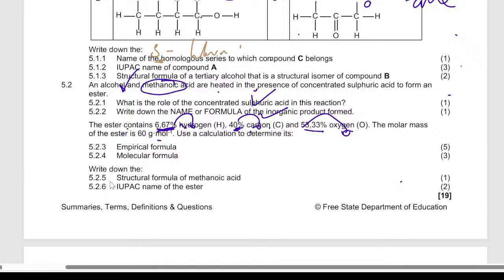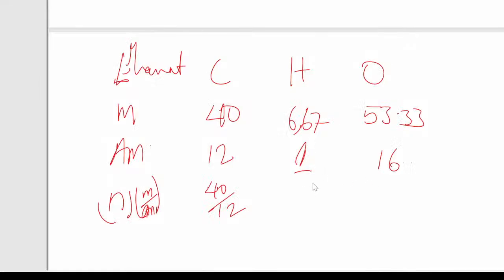It can be in percentage, it can be in mass, it's the same thing. Even if you do 100, it's still the same, because all of them are in percentage.